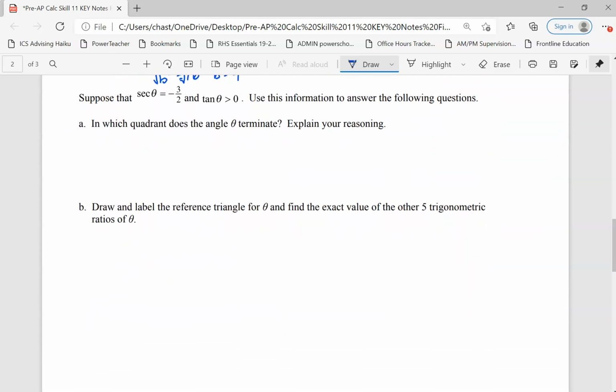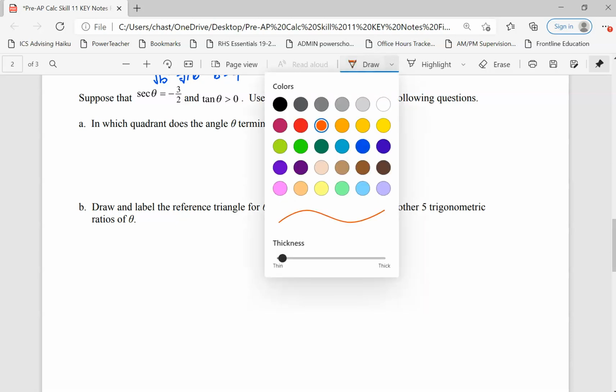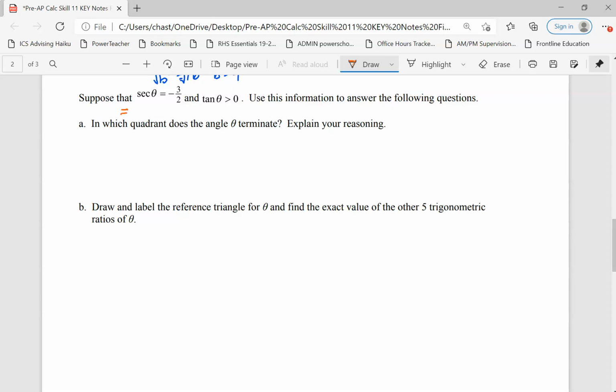For this next one, we're told that secant of alpha is equal to negative 3 over 2. What I want you to know about that is that implies then that cosine of, I said alpha, I meant theta. That means cosine of theta rather is negative 2 over 3. And then tangent is still greater than 0. All right, so which quadrant is it in?